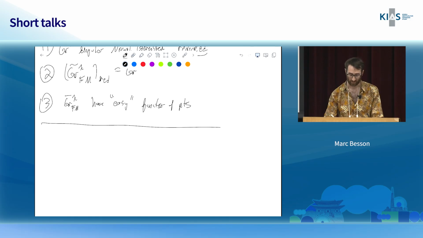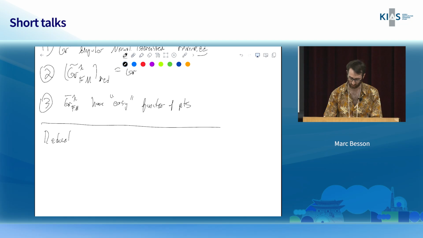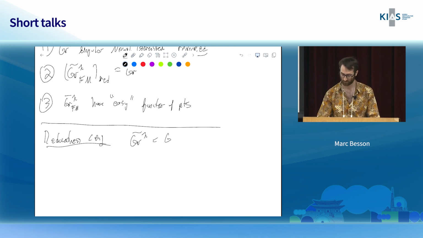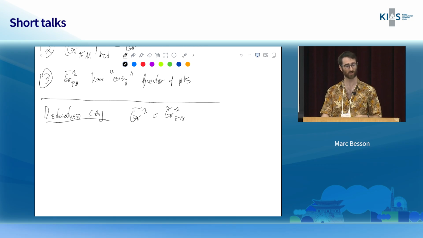So a long-standing conjecture or question, but basically a conjecture of Finkelberg, and I'll call it the reducedness conjecture, is that these are the same. And this is why they call it the conjectural modular description. You want to have a modular description of these affine Schubert varieties.